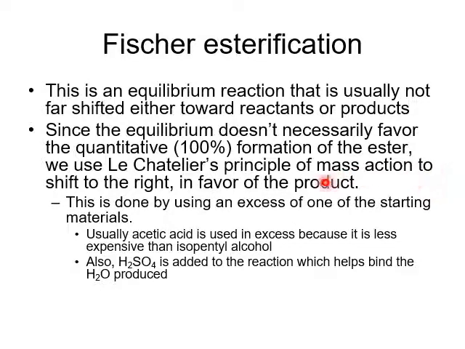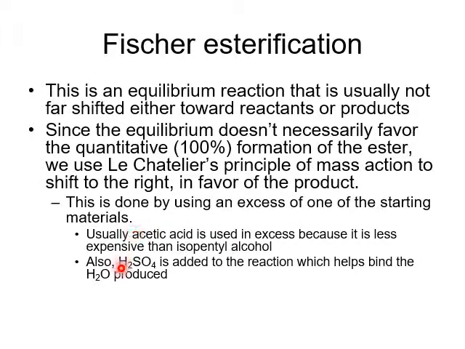For example, in the experiment you are going to do today, we're going to add some extra acetic acid as one of the reactants to shift the reaction to the right side, to the product. We choose acetic acid because it's the cheaper reactant.